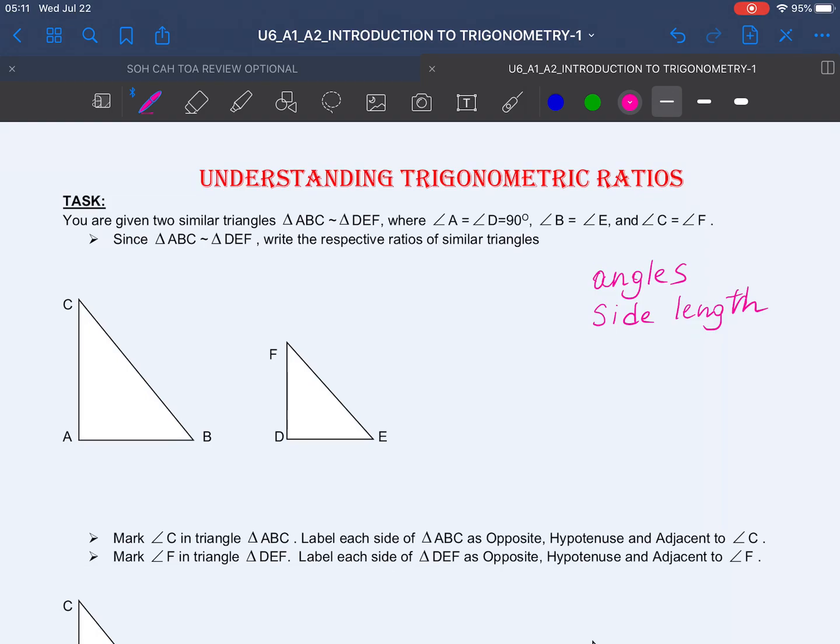For example, suppose that you have a triangle. I'm going to try to draw one right here. And in this triangle, we have an acute angle right here.